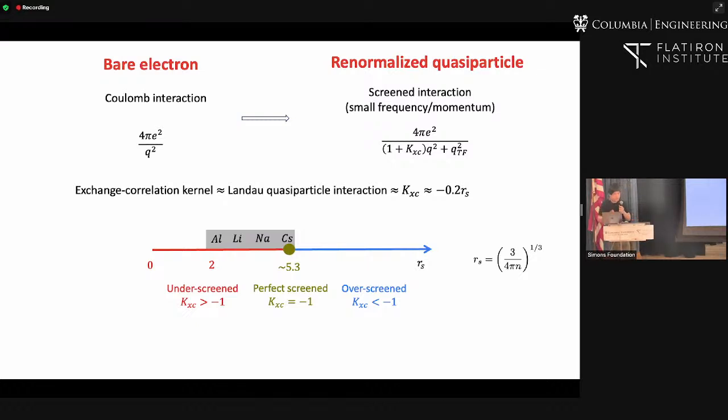What it means is that this prefactor always suppresses the q squared dependence of the screened interaction. And as a result, the screened Coulomb interaction is more local than it's supposed to be.